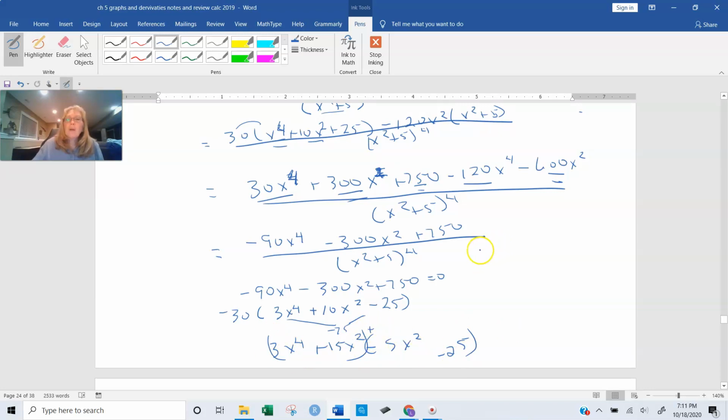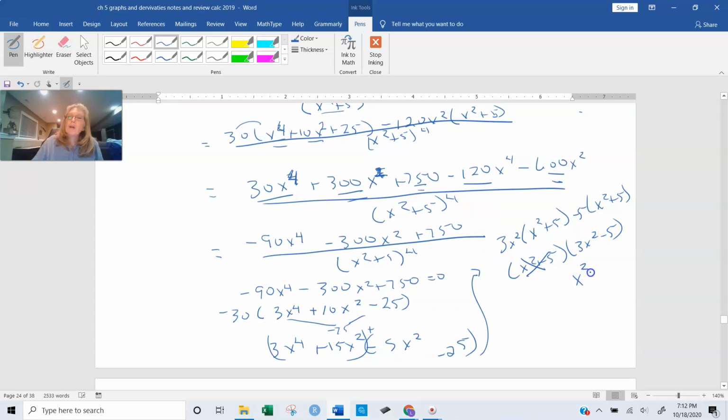Okay, I got to move up here. I'm out of room. So let's factor out a 3x squared, giving us x squared plus 5. Let's factor out a negative 5, x squared plus 5. So we have x squared plus 5 times 3x squared minus 5. All right, this one here becomes imaginary. So he does not count. Let's graph this guy.